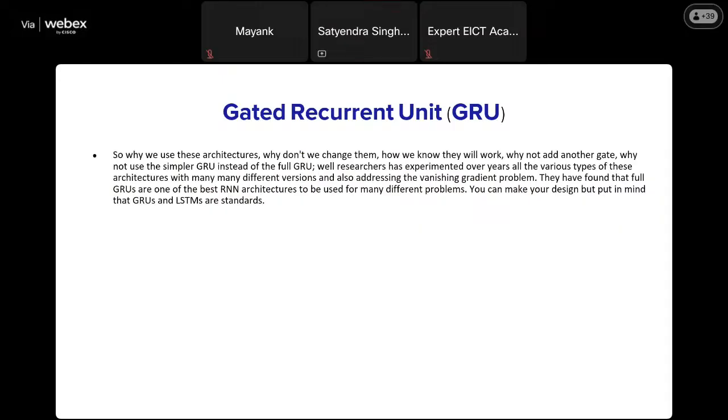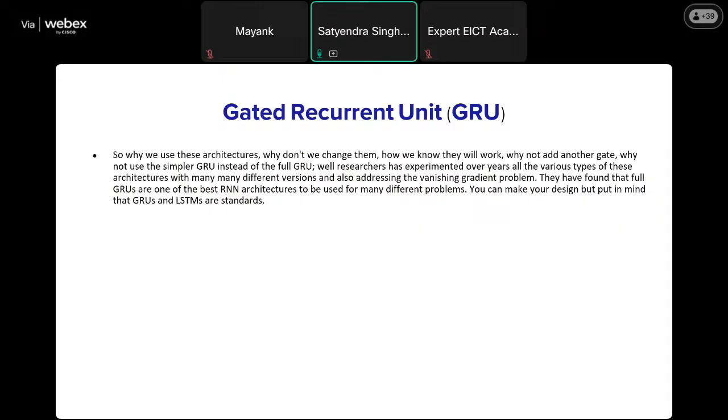You might have seen GRU introduced the relevant gate and update gate. Researchers have tried various numbers of options for gates, and they found that the standard GRUs and full GRUs are the best performing.